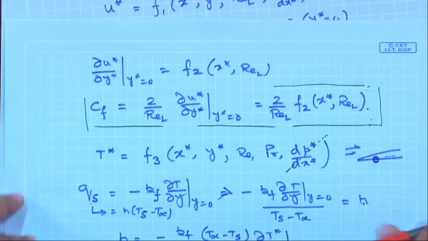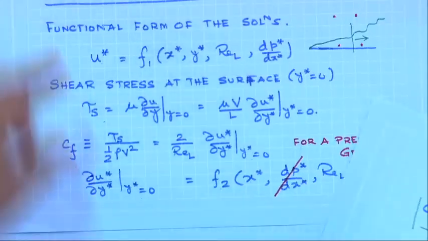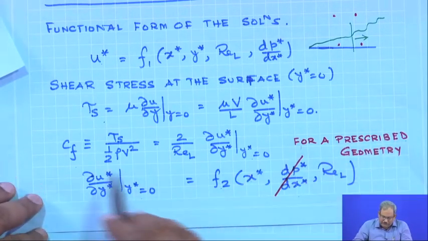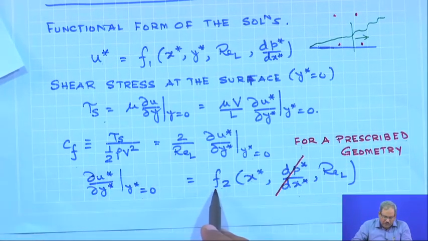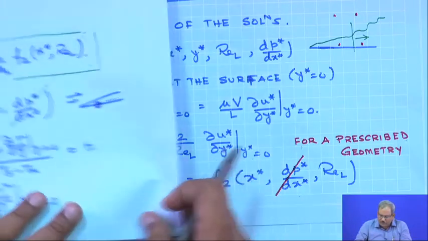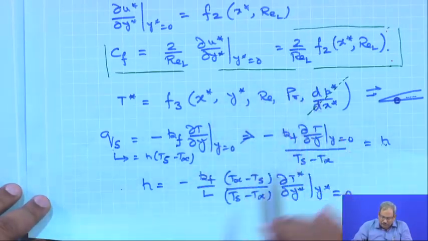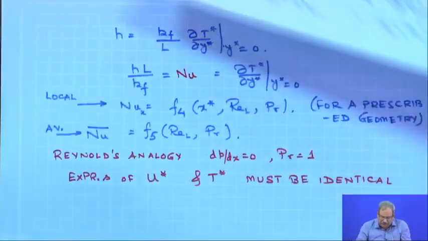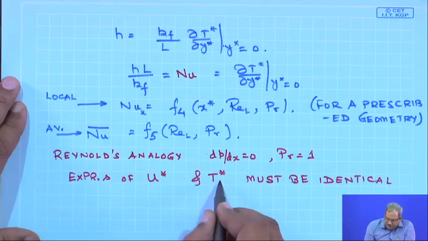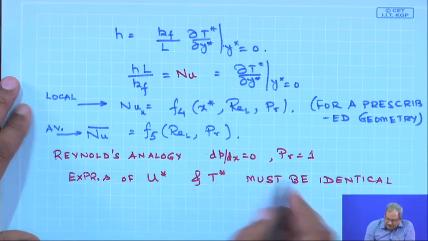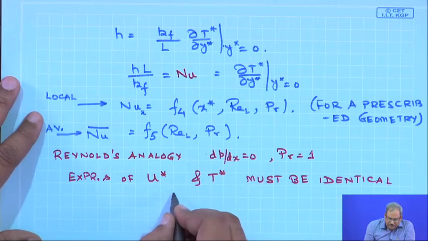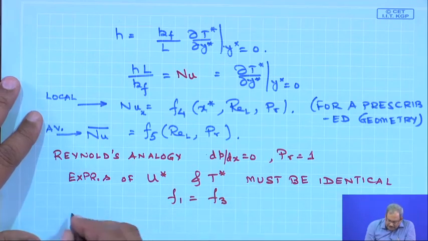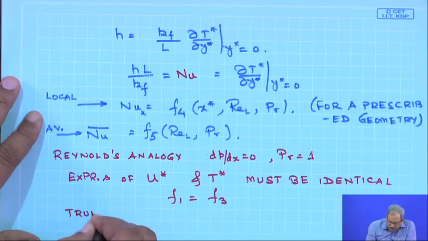It is also then true that the expression for the friction coefficient, which is this f2, must also be equal to f4, which is the relation for this case. So, the expressions for u star and T star being identical would simply give you that f1 is equal to f3.